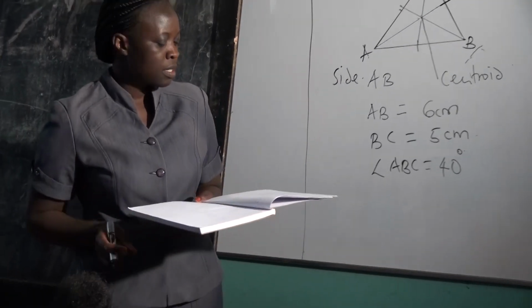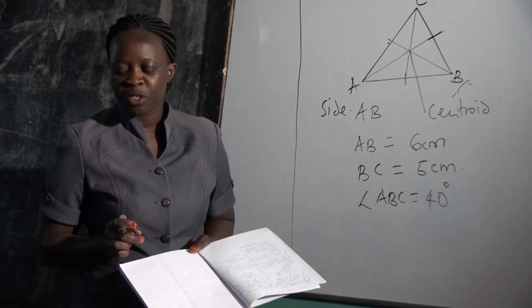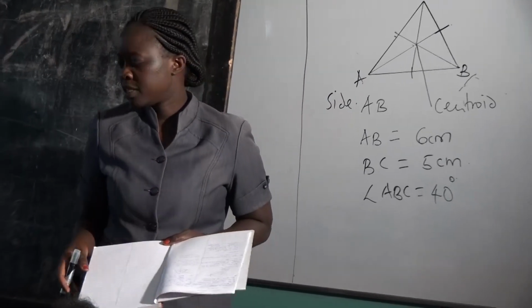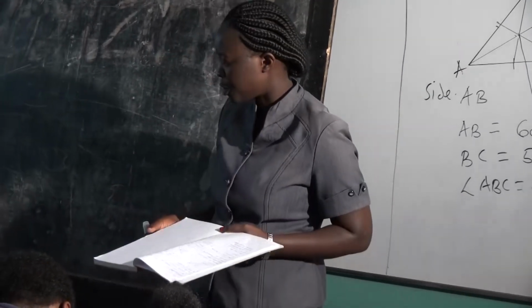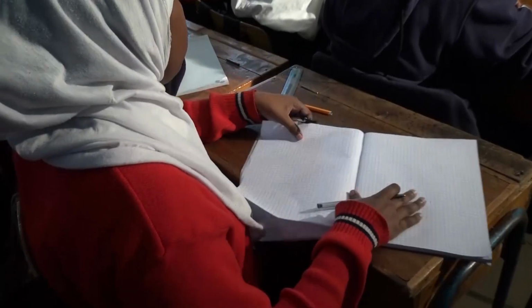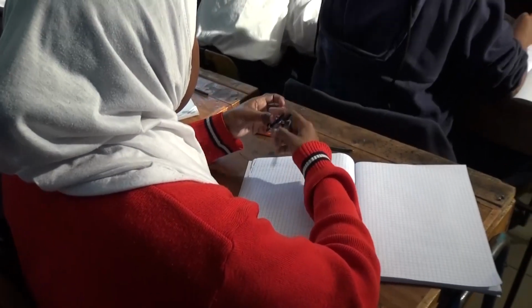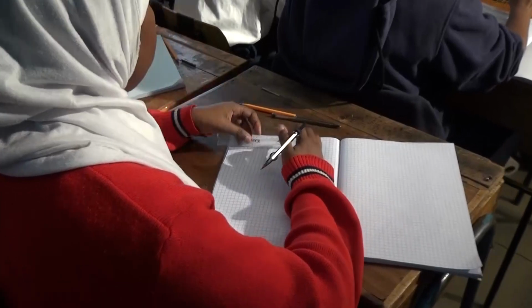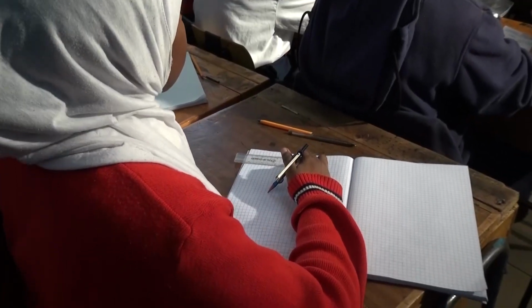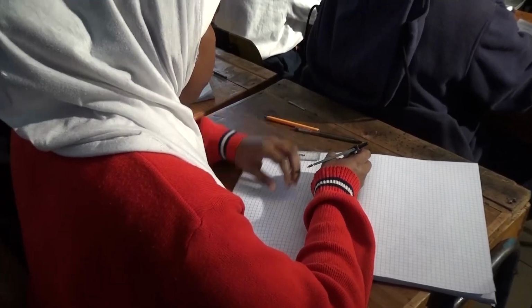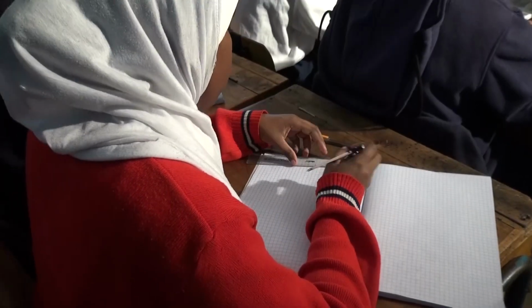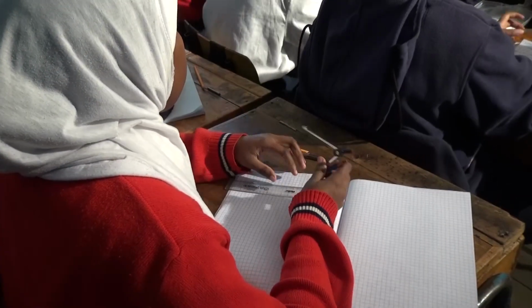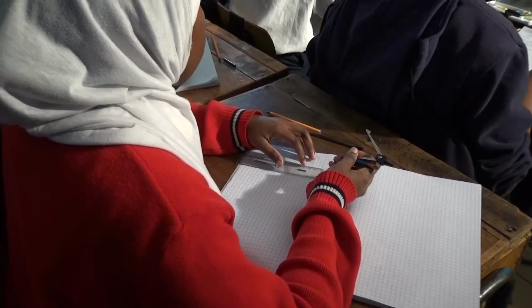From it, draw the centroid. So I'll wrap this, and now what do we do? Each person has the measurements, yeah? So you have your ruler, we know how to go about drawing. So we know the measurements of the triangle.